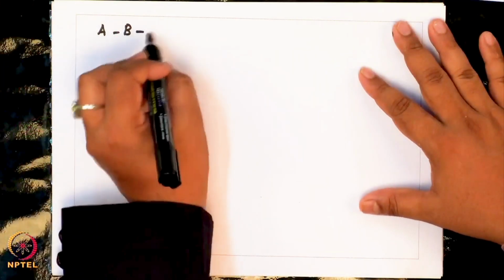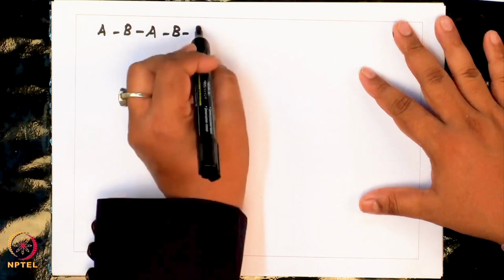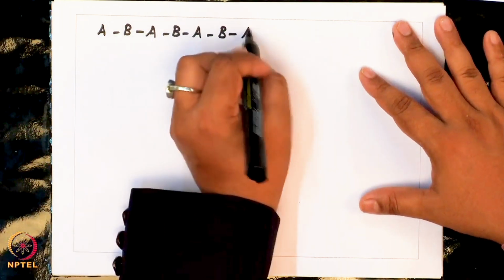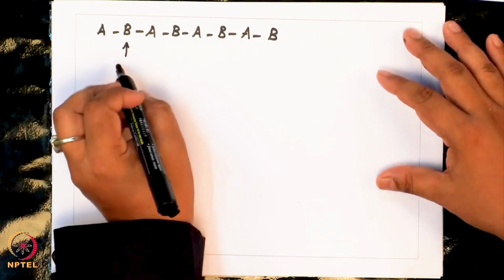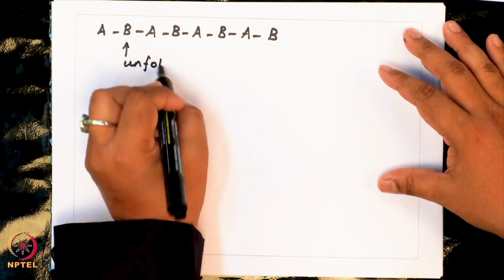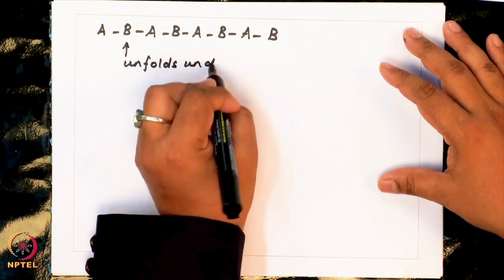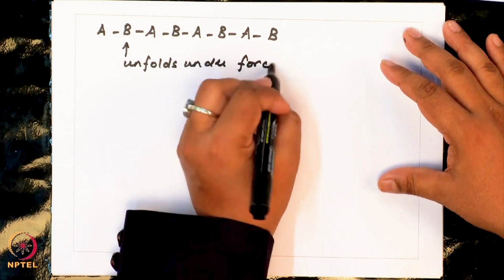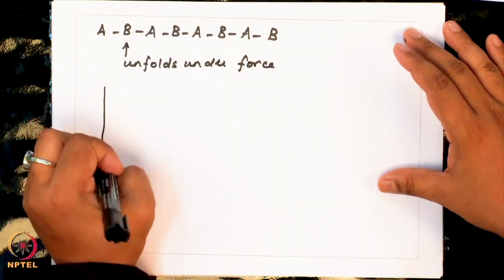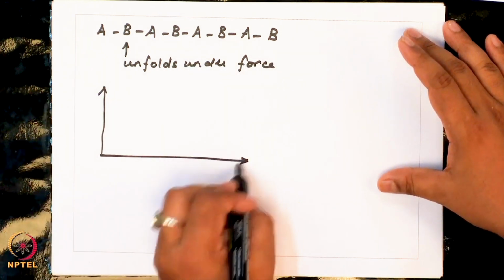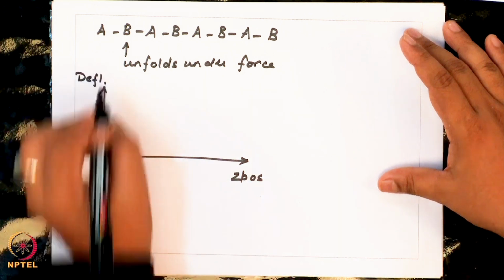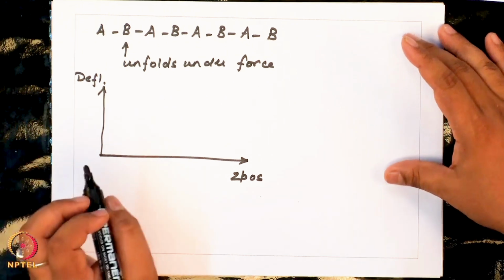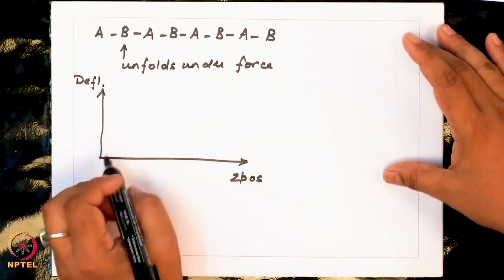However, let us say you have chosen this alternate design, and you know that B unfolds under force. Let me draw various representative cases of what you might see.